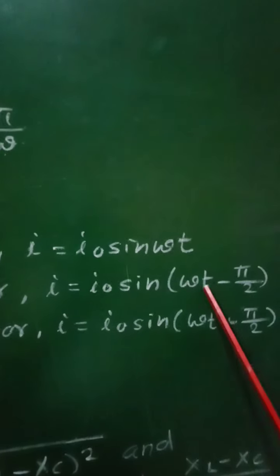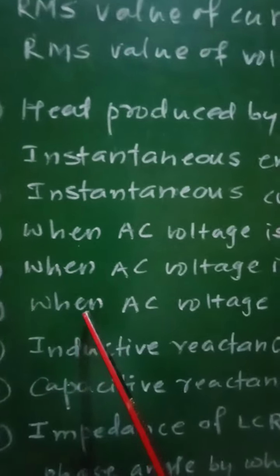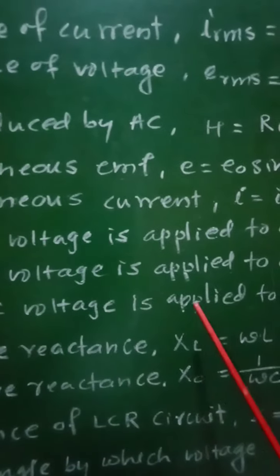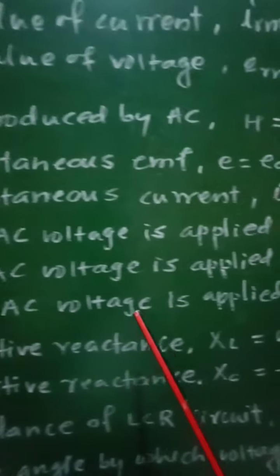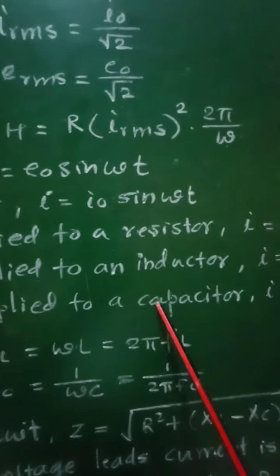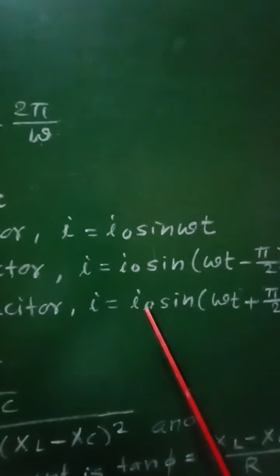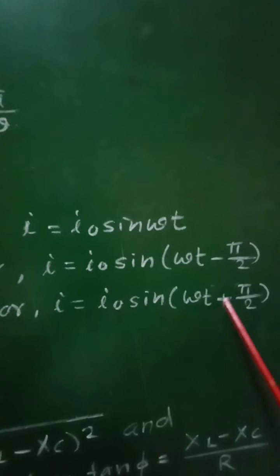Then eighth formula gives, when AC voltage is applied to a purely capacitive circuit, that is to a capacitor, then current I is equal to I0 sin omega t plus pi by 2.